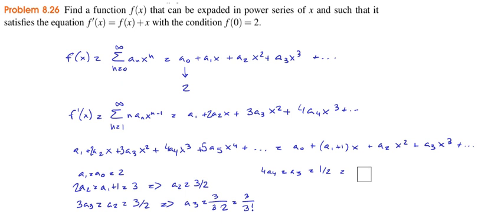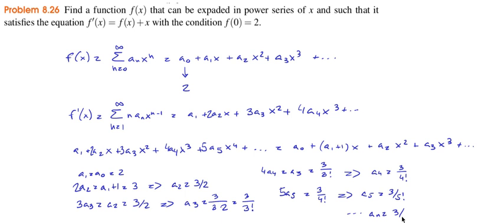Now a4 is going to be equal to 3 divided by 4 factorial, and 5a5 is 3 divided by 4 factorial. So in other words, a5 is going to be 3 divided by 5 factorial, and in general you can get the idea that a sub n is going to be 3 divided by n factorial.